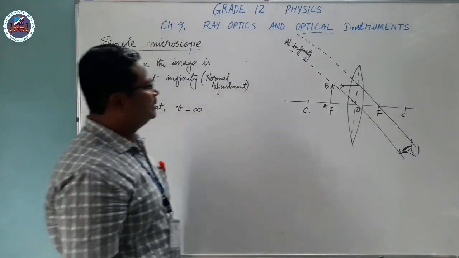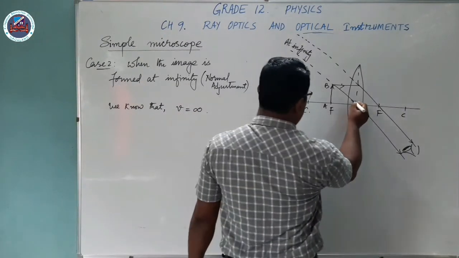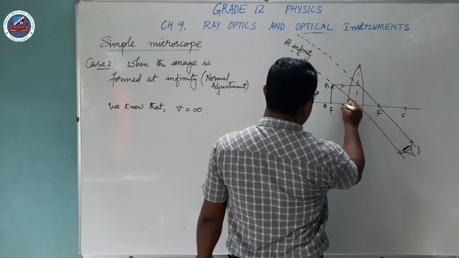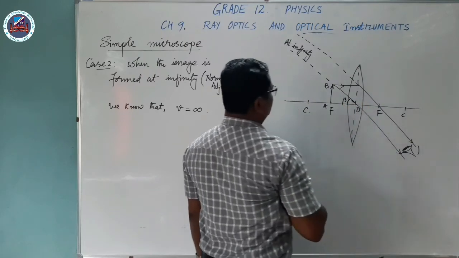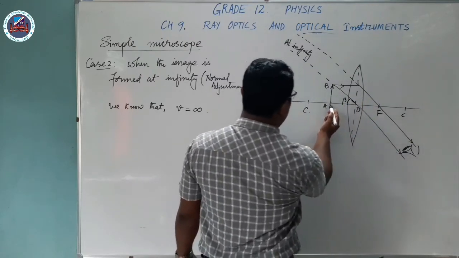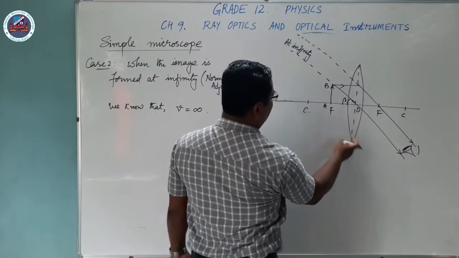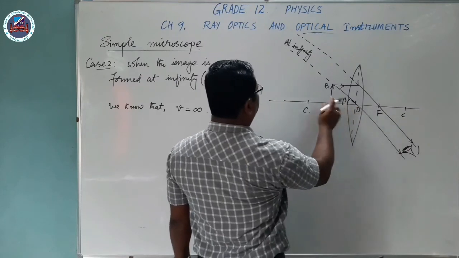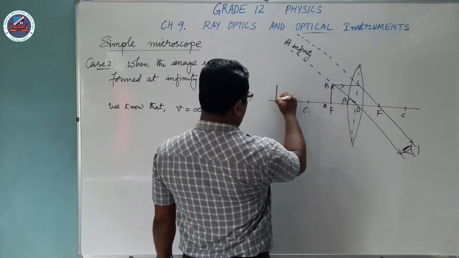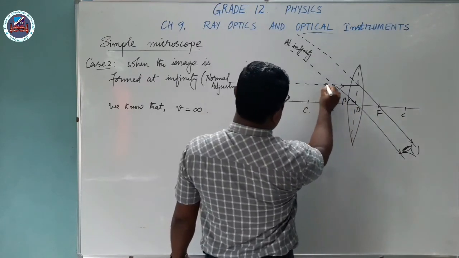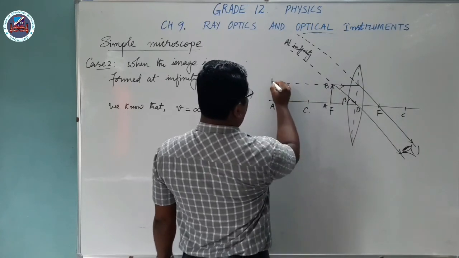Then in this case, we have beta, and alpha. Alpha is when you keep the object at the least distance of distinct vision and remove the lens, that means you look at the object keeping it here, suppose this is A'B'.